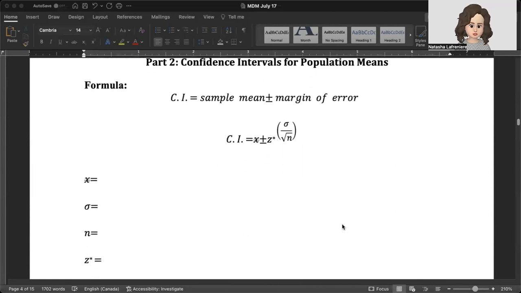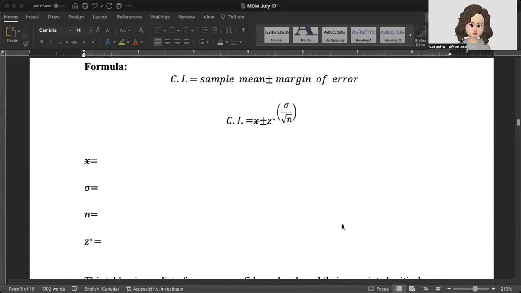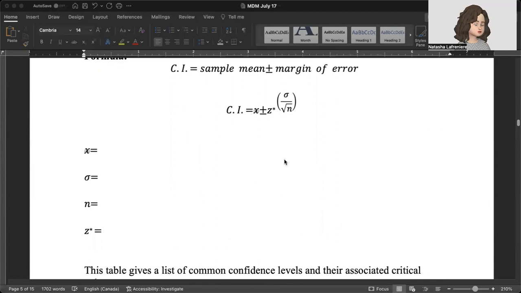So obviously there's going to be a formula because there always is. And so we've got x bar plus or minus z star, sigma over the square root of n. So our x bar is our sample mean.